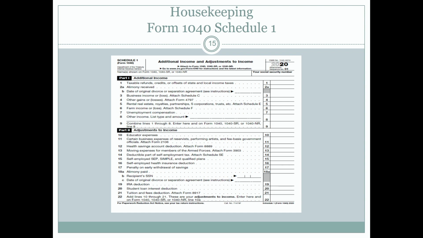It will be listed on this Schedule 1, Part 1, and the total will then roll into the 1040. Then we have our adjustments to income in Part 2. Anything on adjustments to income, that total on line 22 will roll into the 1040.